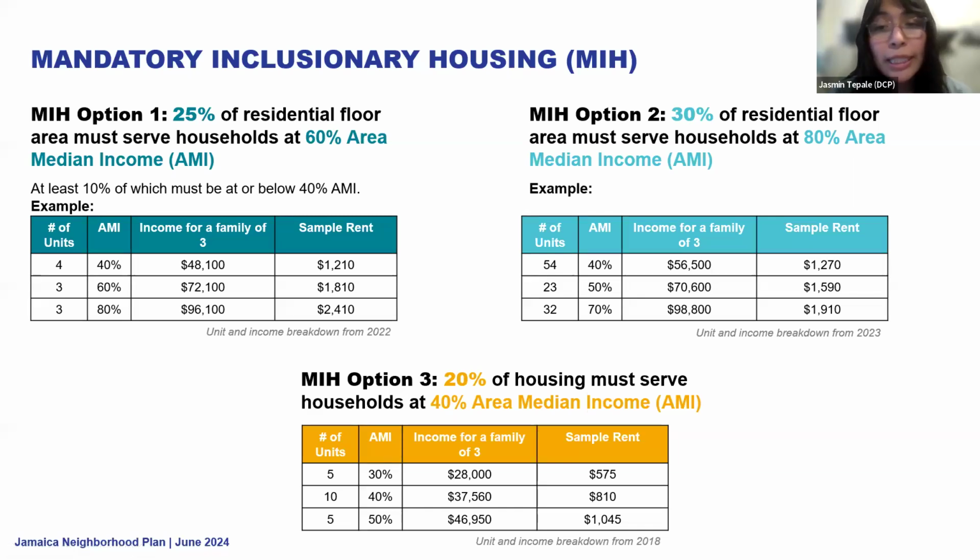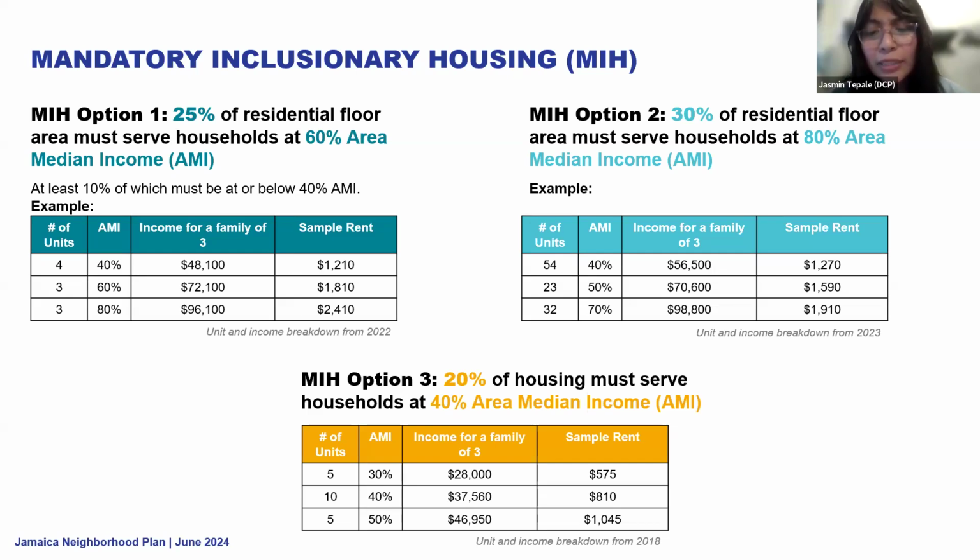So like we mentioned a few slides ago, MIH comes with a few options. There's a lot of information on this slide, but we wanted to share some basic examples of developments in New York City that had proposed these permanently affordable units for different MIH options and what the breakdown of these units could look like within a development. The developers can provide a range of low to moderate income tiers, so if the rents of the affordable units achieve the required average of the AMI.